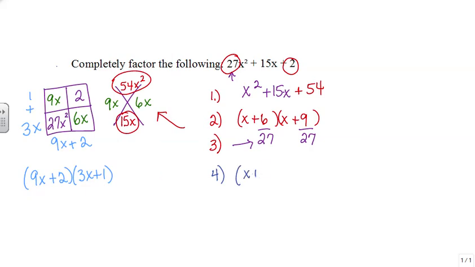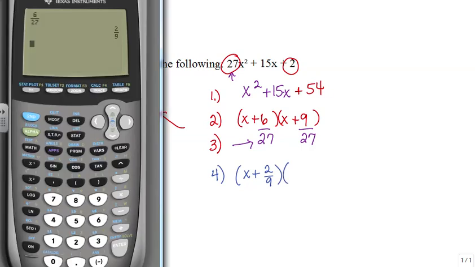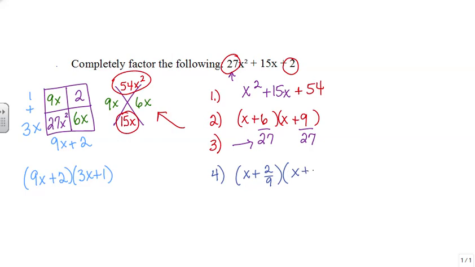So you have x plus 2/9 for this parentheses, and then I'm going to go back and do the same thing for 9 over 27. So alpha y equals, enter, 9 divided by 27. This reduces to 1/3. So over here, you're going to have x plus 1/3.